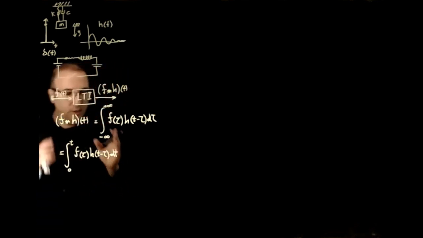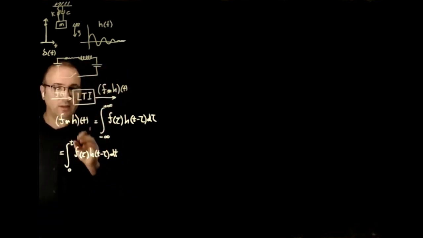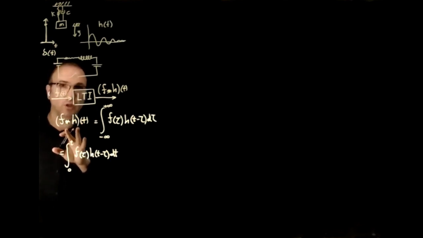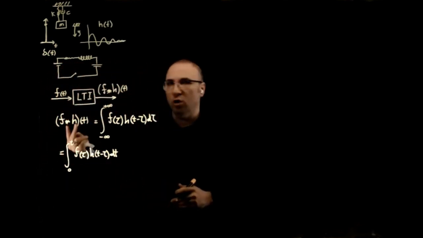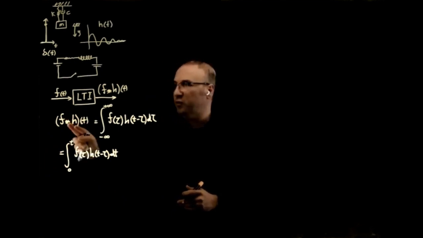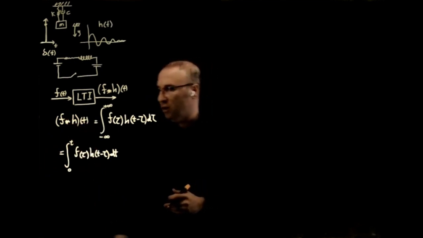One thing that we want to use later is that f star h, or f convolution h, equals h convolution f. There are a couple of properties with convolution. One of them is that we can switch the order. F star h equals h star f.